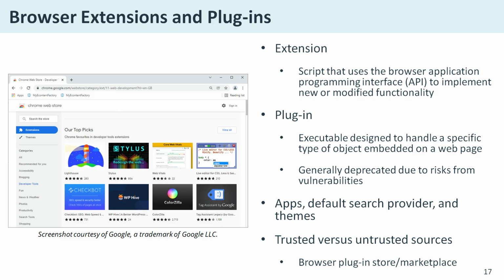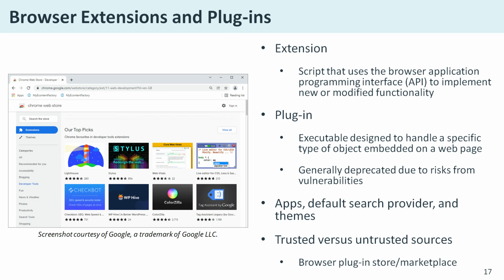So they are just scripts with an API, and they can be used to make modifications. Like we have here: extension scripts that use the browser application programming interface, that's API, to implement new or modified functionality. That's what they are meant for, to improve how the browser works.